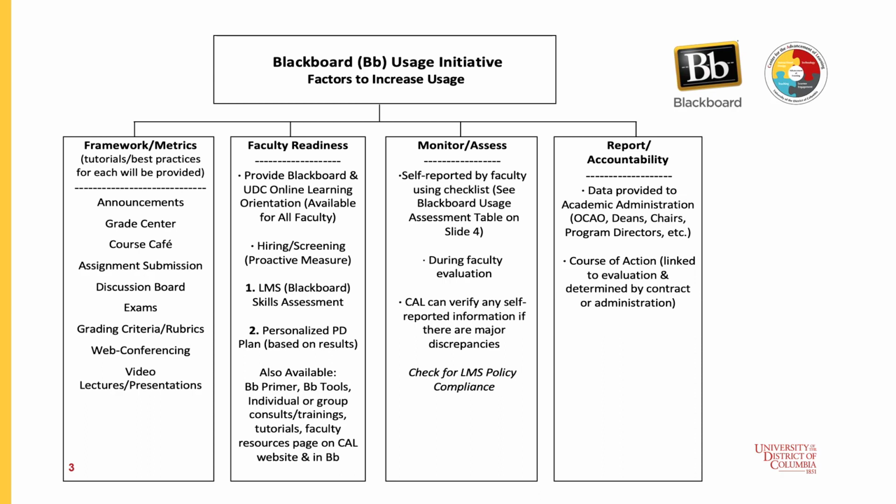We will discuss this checklist in the next slide. The Center for the Advancement of Learning can verify any self-reported information if major discrepancies arise. Lastly, for accountability, the Blackboard usage data will be provided to academic administration, which would include the Office of the C.A.L, deans, chairs, program directors, etc.